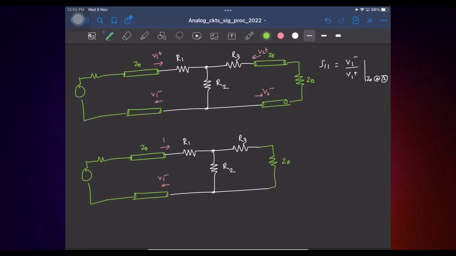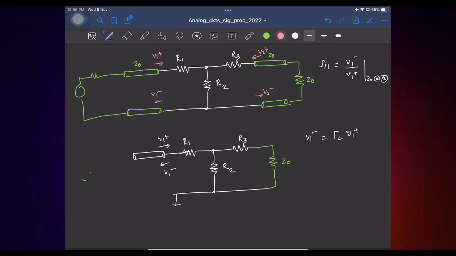Now what I'm interested in is to find the reflection coefficient. If you were to draw a single-ended version, you will have just one cable. This is ground, let's say. This is V1 plus, V1 minus. So what is V1 minus in terms of V1 plus? It's basically gamma L. And what is gamma L?